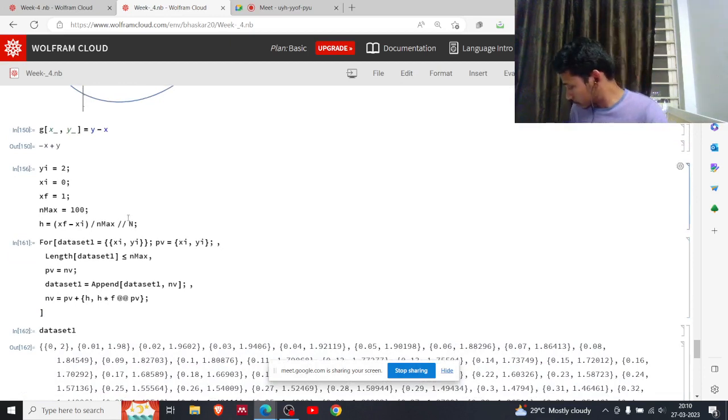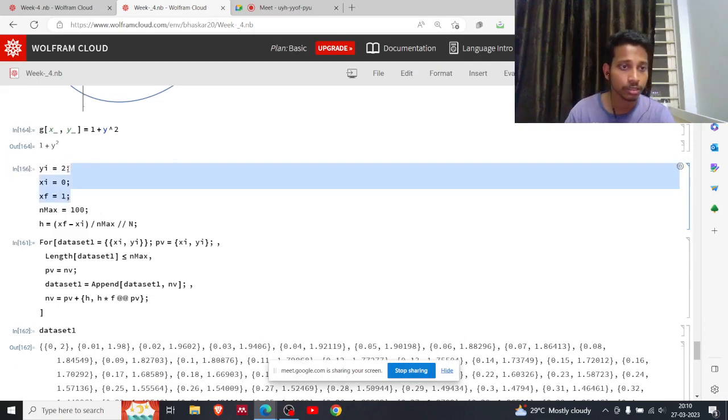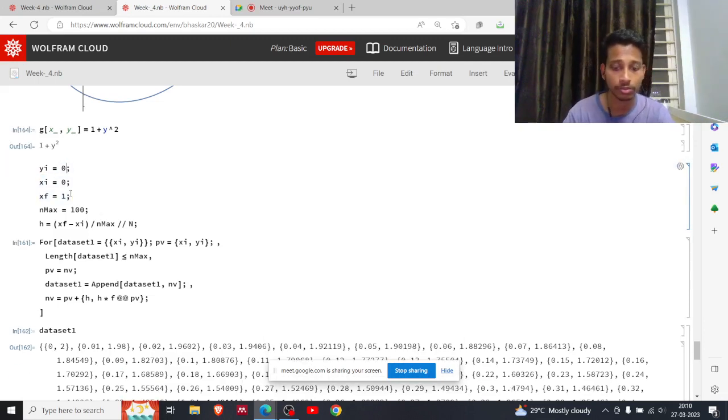Now again we can change this particular value y, and now the initial value I will change to y equal to 0 at x equal to 0.